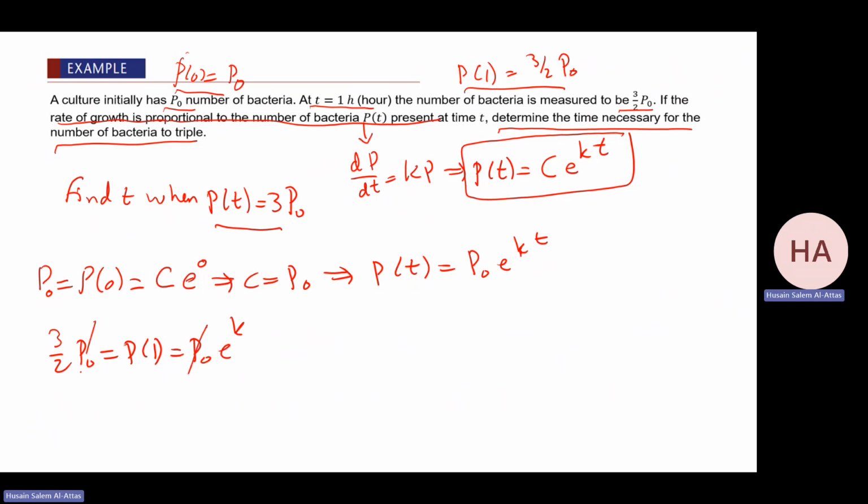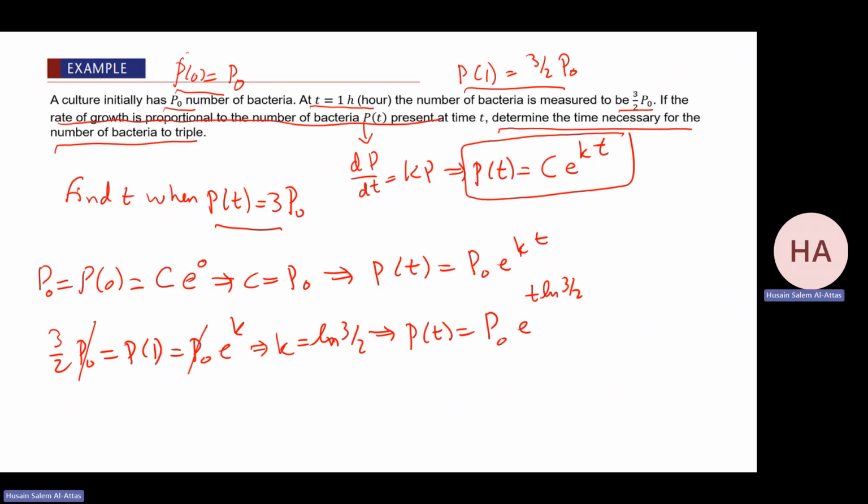I don't need the value of P0 since this cancels. So I have k will be ln 3 over 2. That implies P of t is P0 e to the power t ln 3 over 2.